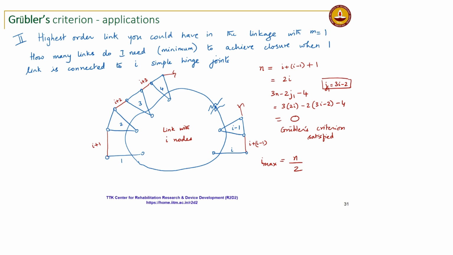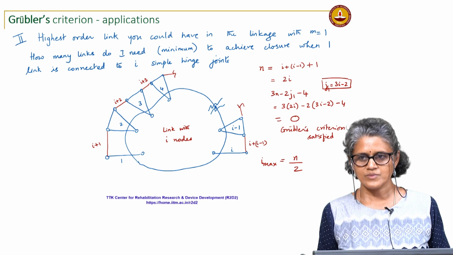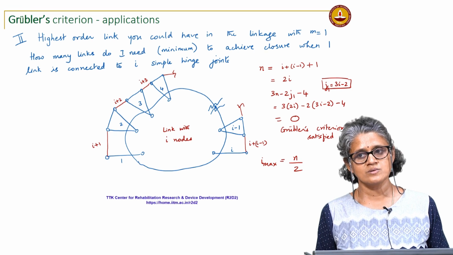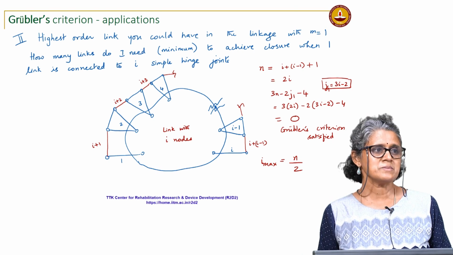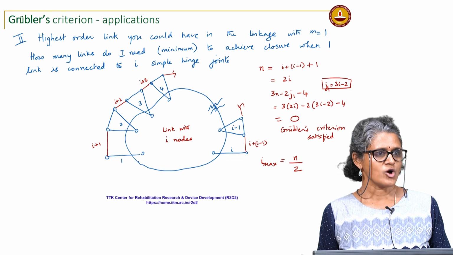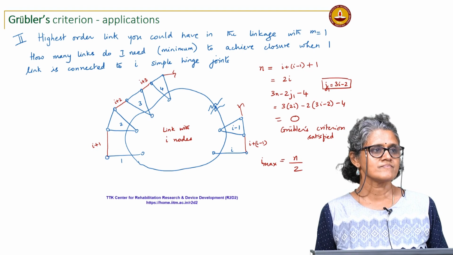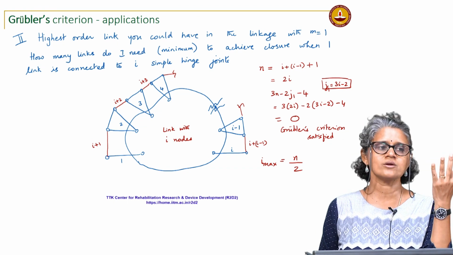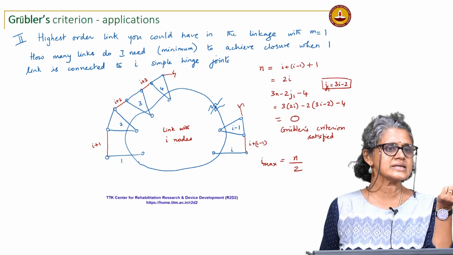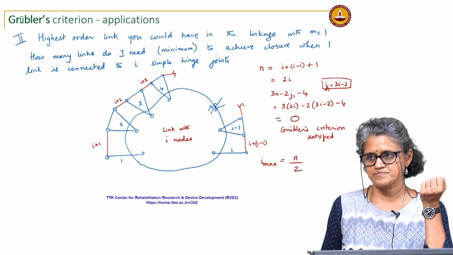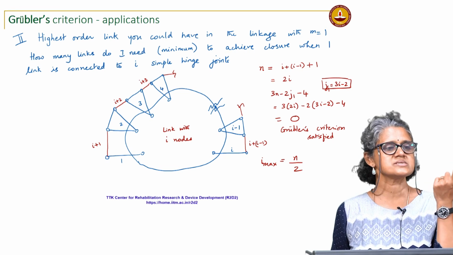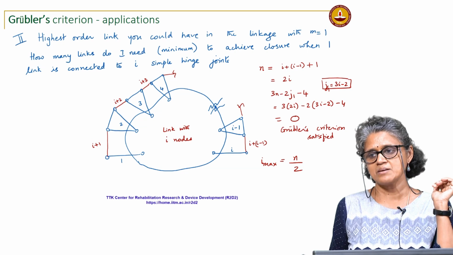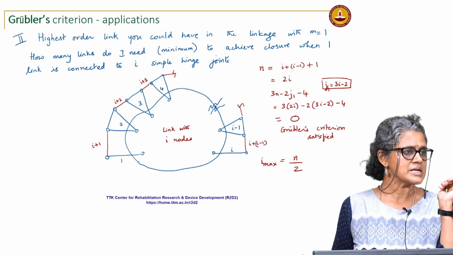If I have a mechanism with n links, I max can only be n by 2. Okay. So, going back to my 6 bar, 6 links, the maximum order of a link in a 6 bar can be 3. So, you can't have a link of a higher order than a ternary link in a 6 bar mechanism. Similarly, in an 8 bar, if you want a single degree of freedom mechanism, a quaternary link is the maximum order of the link that you can have.